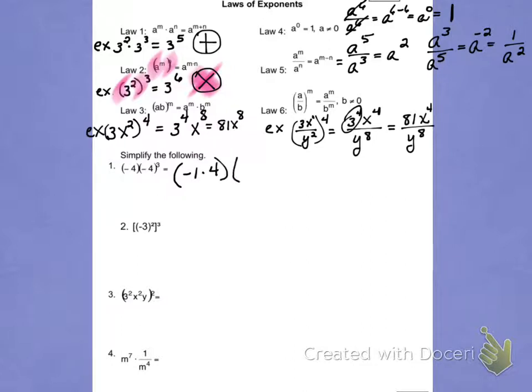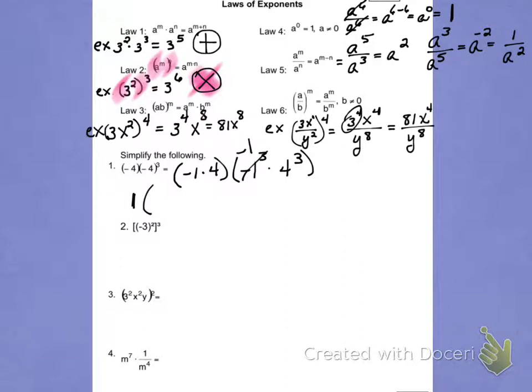And this one is negative 1 cubed times 4 cubed. That's going to take care of those cubed features. Now, negative 1 cubed is negative 1. Negative 1 times negative 1 is positive 1. So that's going to be 1.